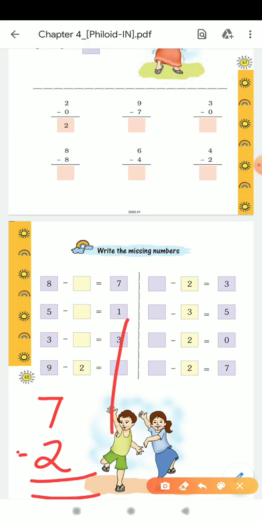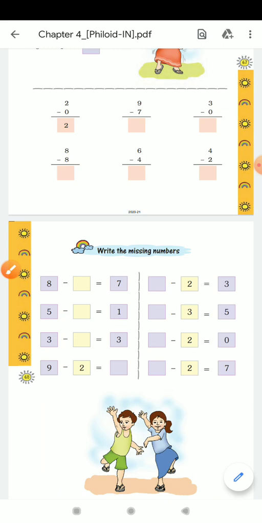Okay, so keep this in your mind, and then afterwards you will practice it. If you do more and more practice, you will get the concept of subtraction easily. So I hope you all know about it well.